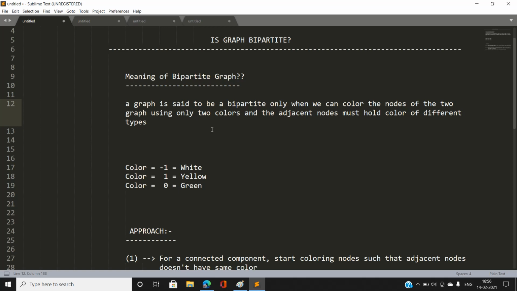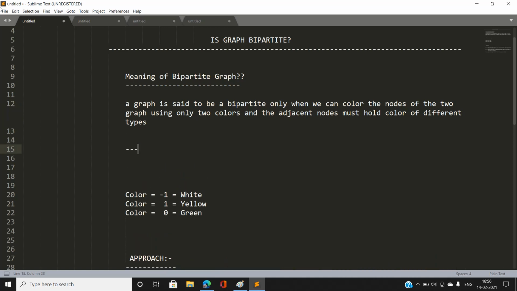Okay, so if we visualize this graph, suppose we are going to prove when the graph is not going to be bipartite.